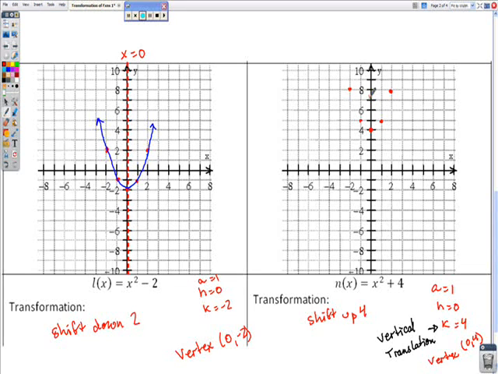Okay. And then we can draw it. And then put in the axis of symmetry.